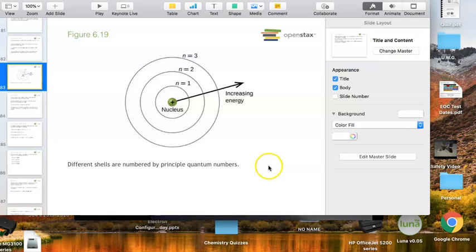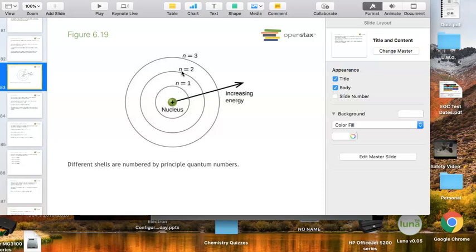So here we see a picture of an atom that has a nucleus, and it has different energy levels that are represented by different circles here. The circle that's closest to the nucleus has a quantum number of n equal to 1. It has the lowest energy value. The second circle has n equal to 2, or a quantum number of 2.